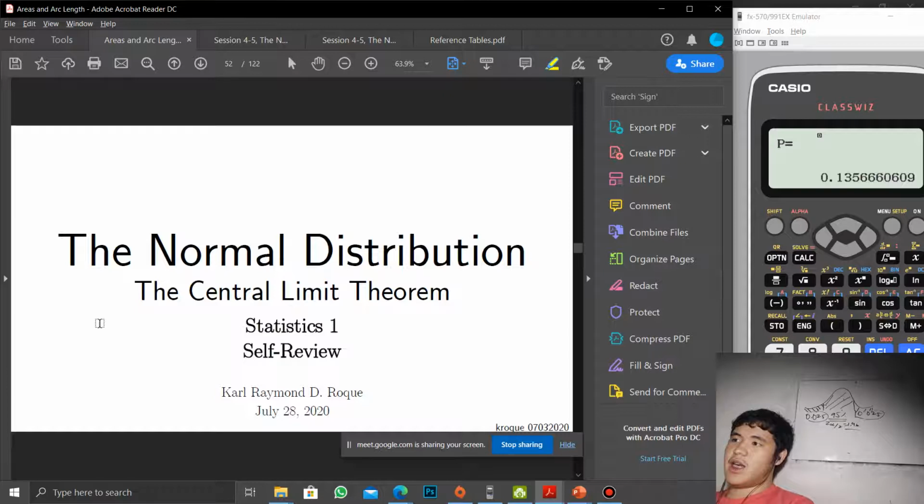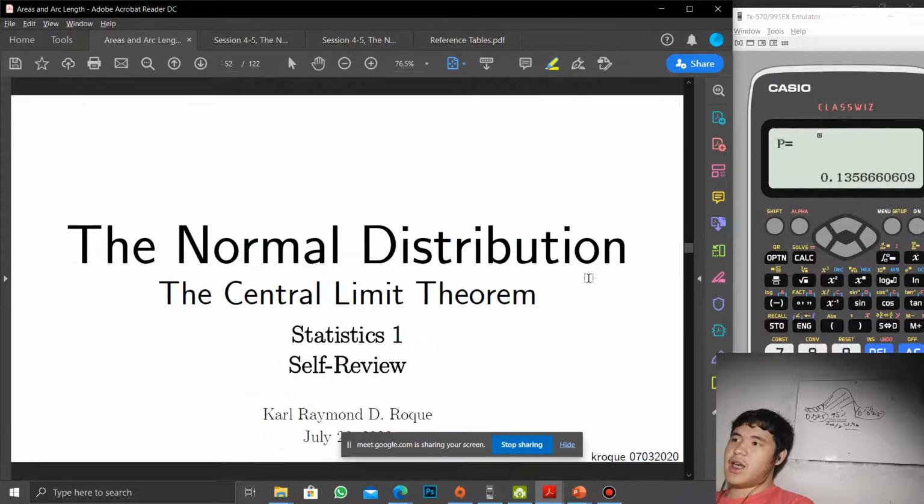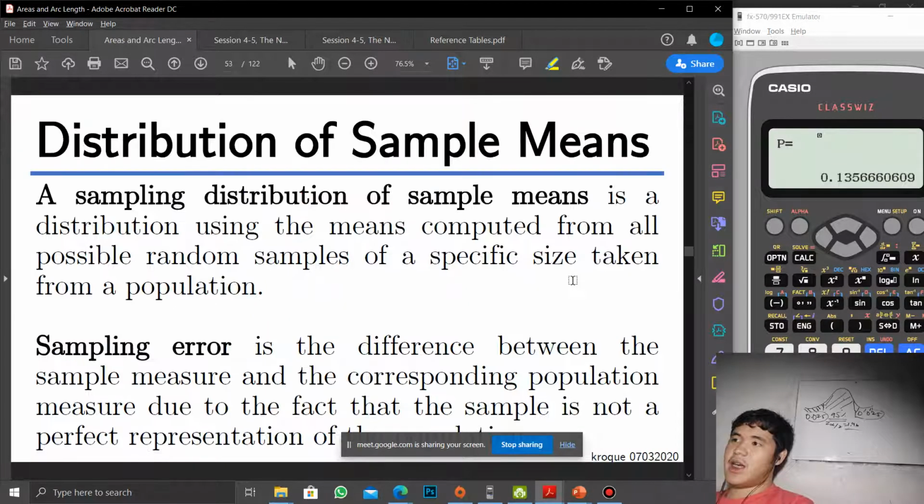So it means na our data are approximately normally distributed. Next, we go to the central limit theorem. So this is another part of our lesson today. Bakit? Kasi, di ba, in reality, in studies, people can't just study the whole population right away. They take samples, and a lot of samples, di ba?